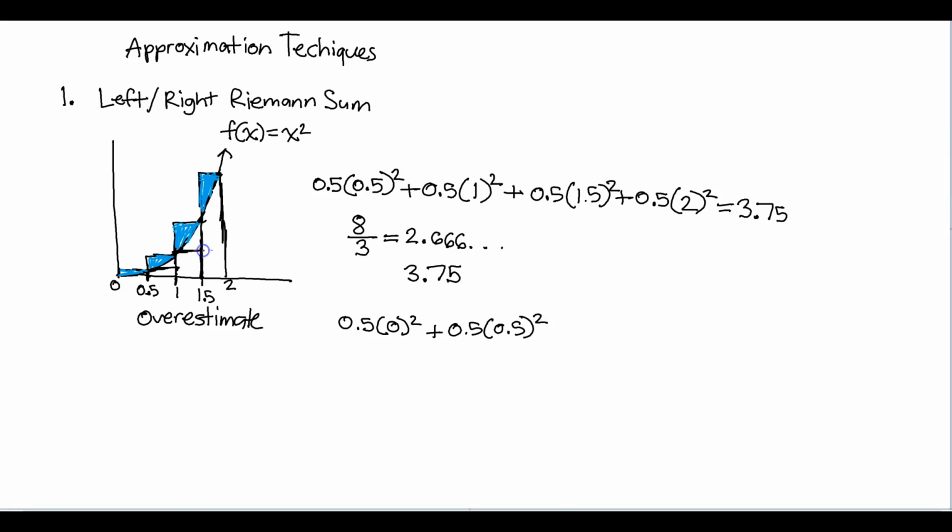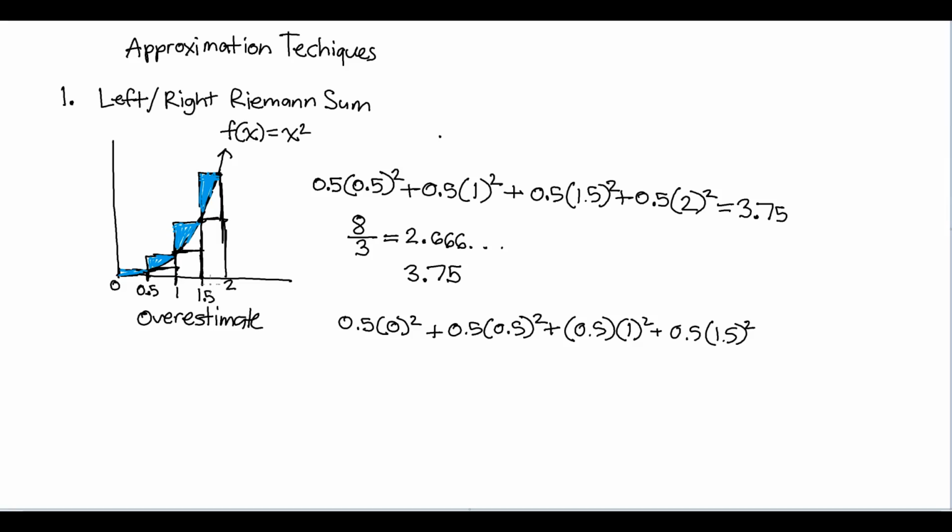Draw this rectangle, we have 0.5 times 1 squared. Draw this rectangle, and we have 0.5 times 1.5 squared. Okay? So the reason why we're squaring it is that f of x is x squared. Okay, so it's f of x times delta x.